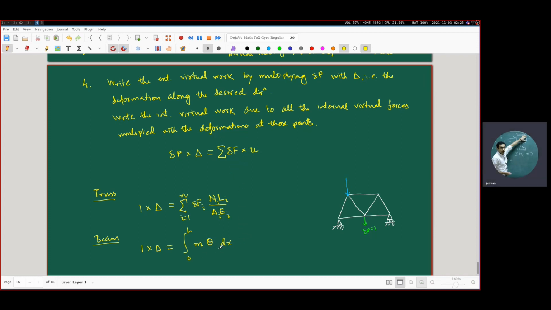Now this thing can very easily be written, this theta. Why? Because this theta, you see earlier we had, so let me just take this to the next page.